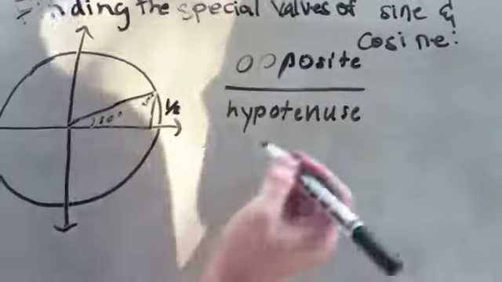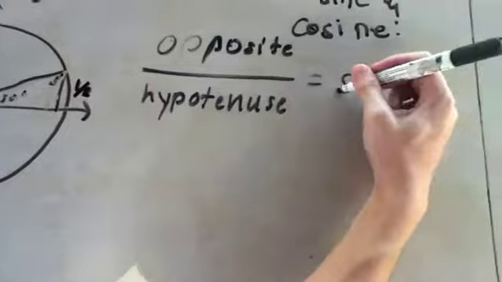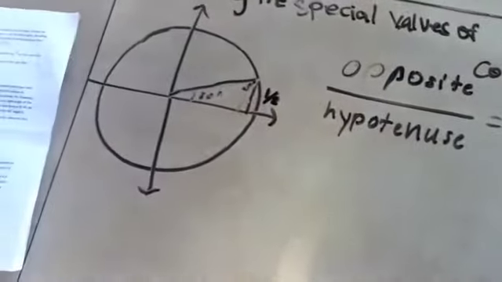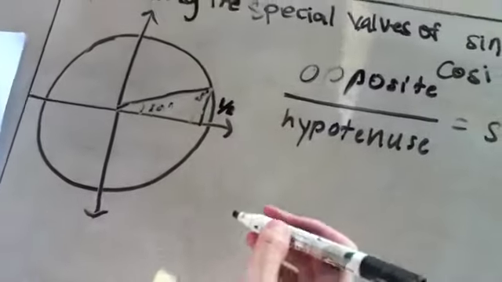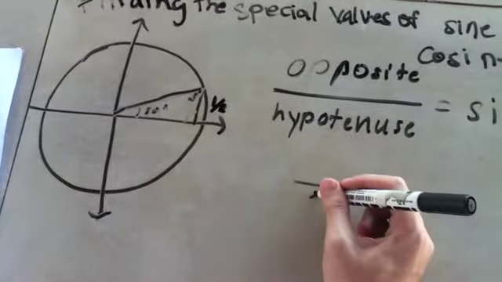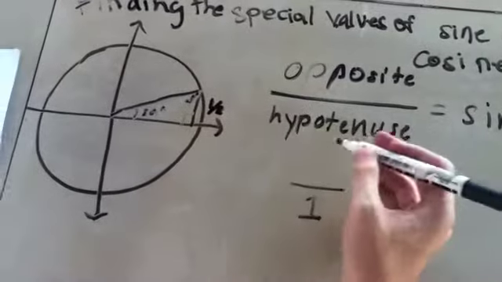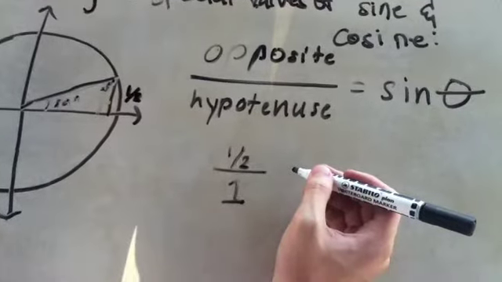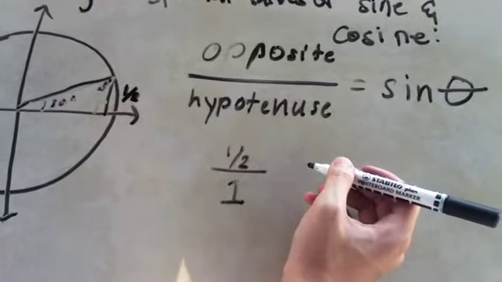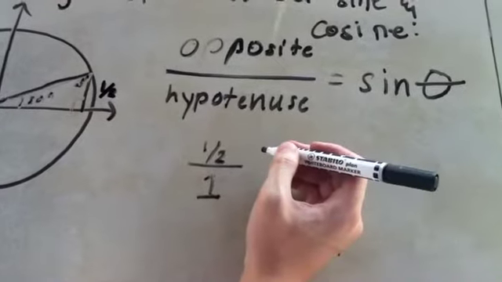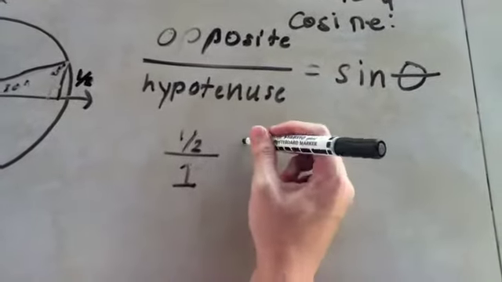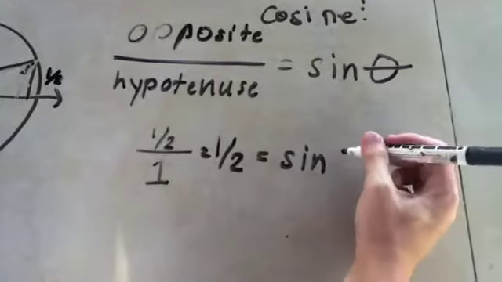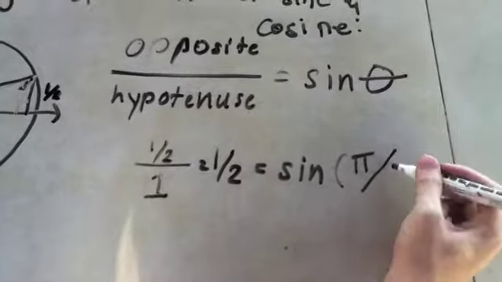Opposite over hypotenuse is equal to sine theta. We know that the hypotenuse is 1, while the opposite side of 30 is 1/2. This means that 1/2 is equal to sine pi over 6.